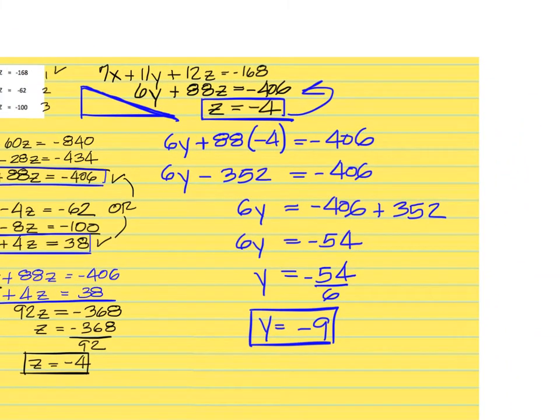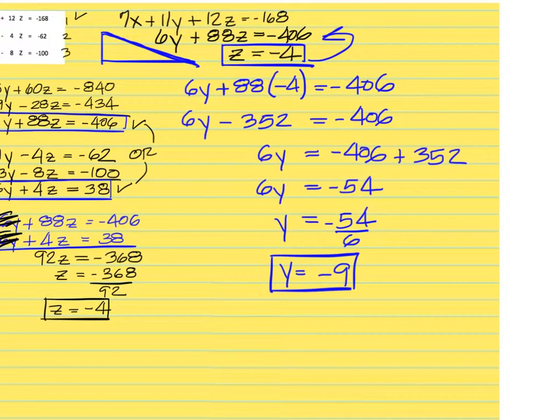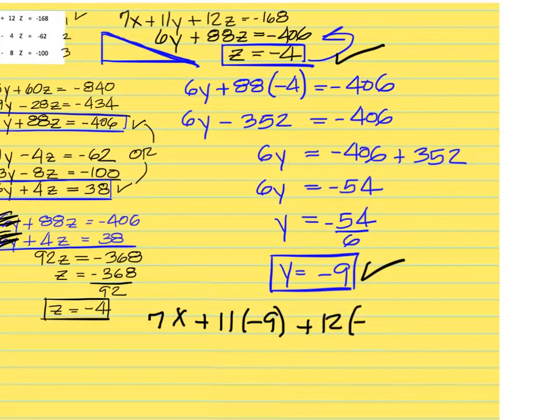The last thing you would have to do is plug in negative 9 and negative 4 for y and z respectively in the very top equation. When you do that, it's 7x plus 11 times a negative 9 plus 12 times a negative 4 equals a negative 168.